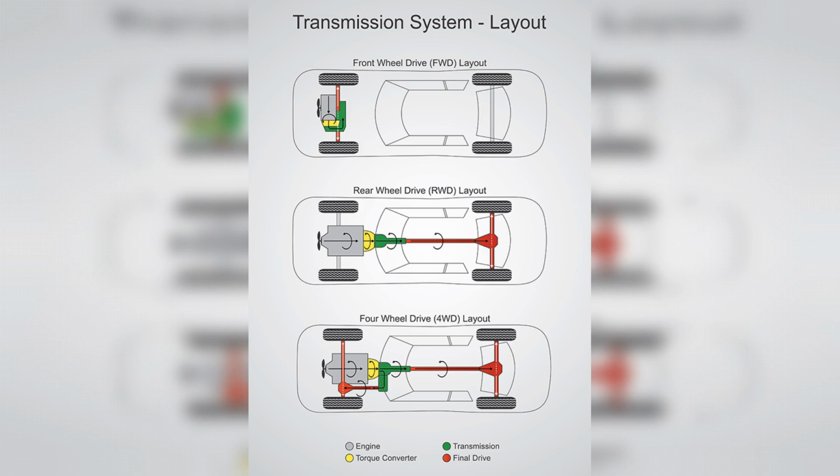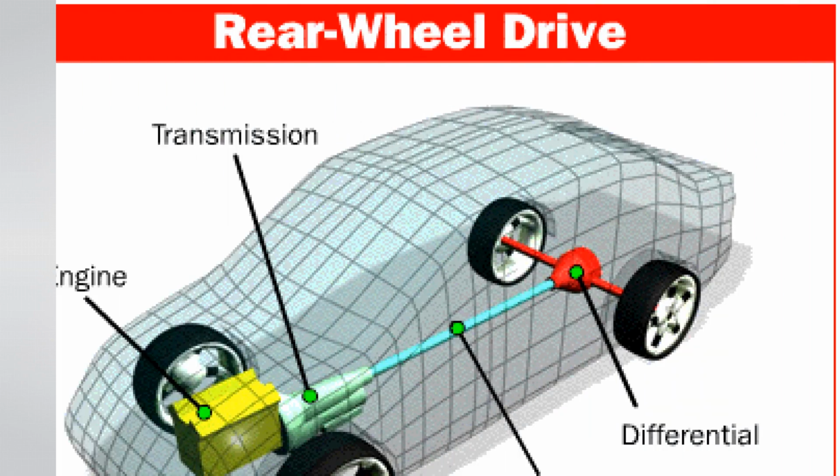It is the CV joints that allow to combine torque transmission and turning of wheels in the desired direction. This arrangement does not need a cardan gear and differential of the rear axle. The rear wheels are connected only to the hub assembly, since no torque is transmitted to them.